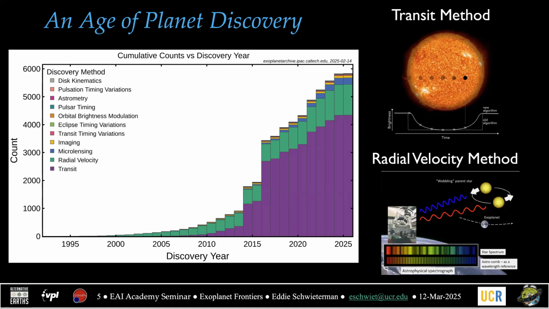Another indirect way of finding planets is through the so-called radial velocity method. The principle behind this is that for a large enough planet, the planet doesn't just orbit the star; the star orbits the planet-star center of mass, and the star is in fact being gravitationally influenced by the planet.